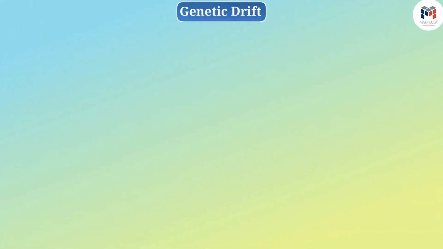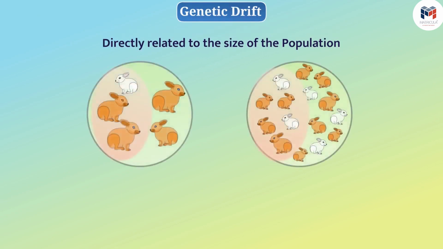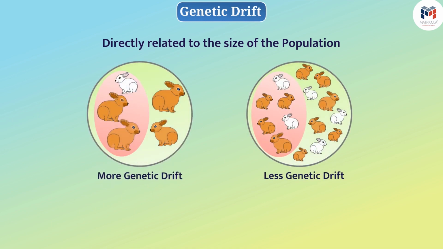Genetic drift is directly related to the size of the population. If the size of the population is small, then the genetic drift will be more. Therefore, the number of organisms must be very large in the population, such that there will be more chances of survival of the organisms from the sudden accident, and thus there will not be much effect on the frequency of the genes, that is, there will be no genetic drift.